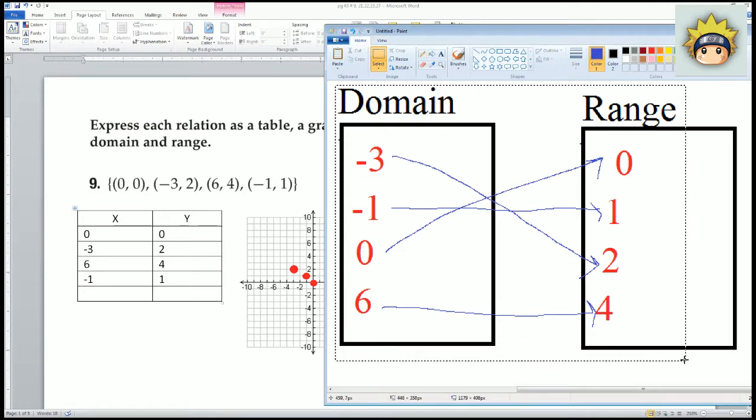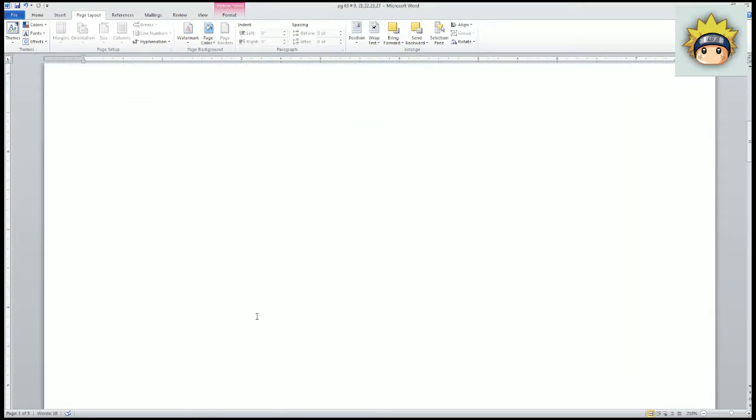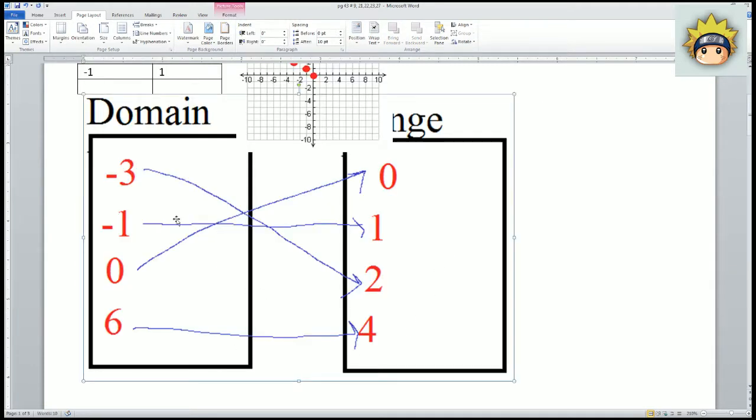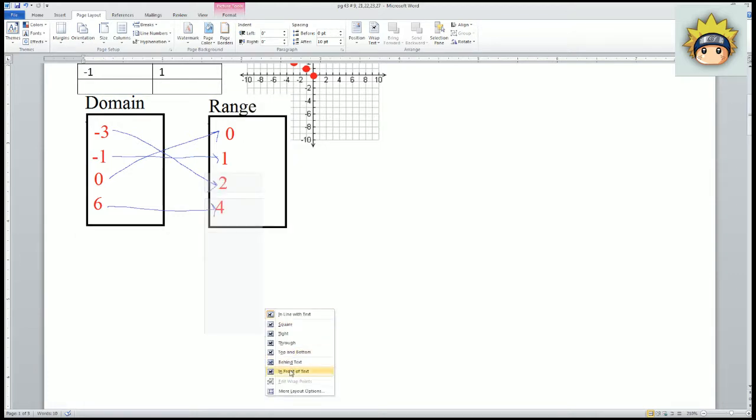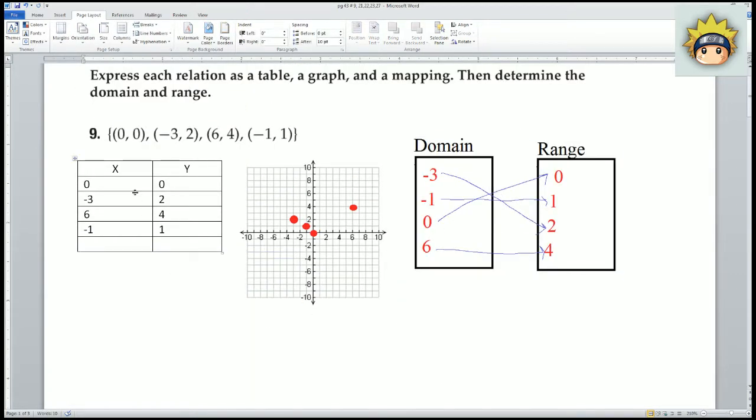So let me grab this image here and give you that image. Here you have the table format, the graph, and the domain and range. The mapping gives you already the domain and range, but we could even write it. The domain is -3, -1, 0, and 6.